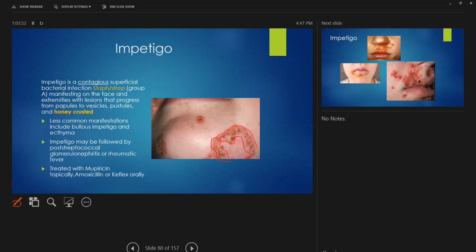Impetigo can be followed by a post-streptococcal infection, since it is a strep. So you want to make sure that we treat these patients so that they don't have post-streptococcal glomerulonephritis or rheumatic fever. And the treatment is really key to preventing that. These people are treated with mupirocin ointment topically.